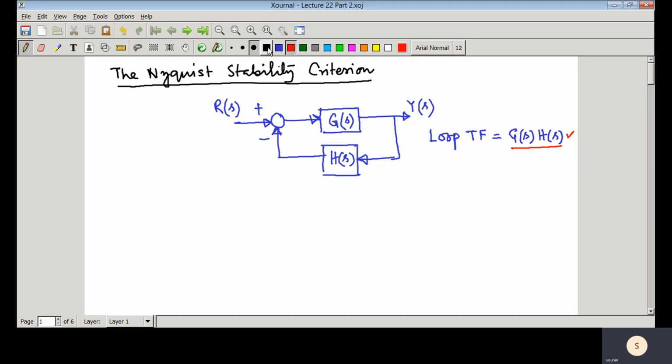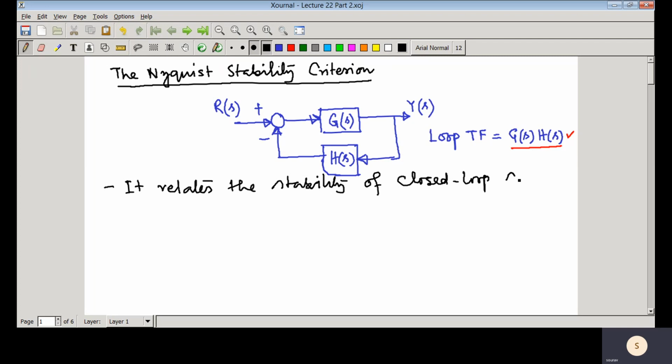So basically the Nyquist stability criterion relates the stability of the closed loop system to the loop transfer function frequency response, which is very important.